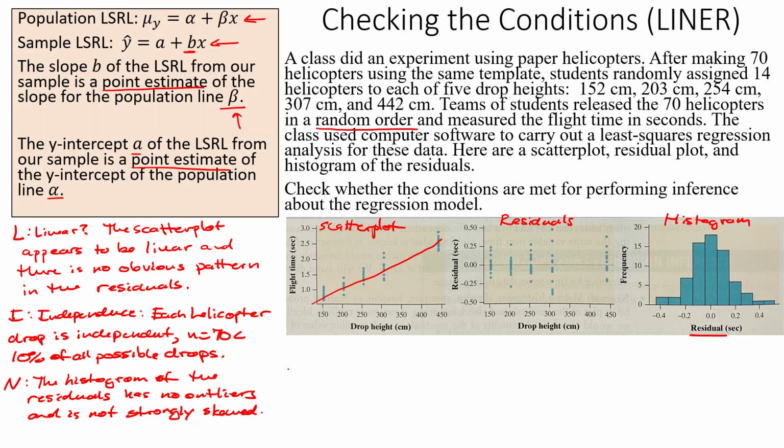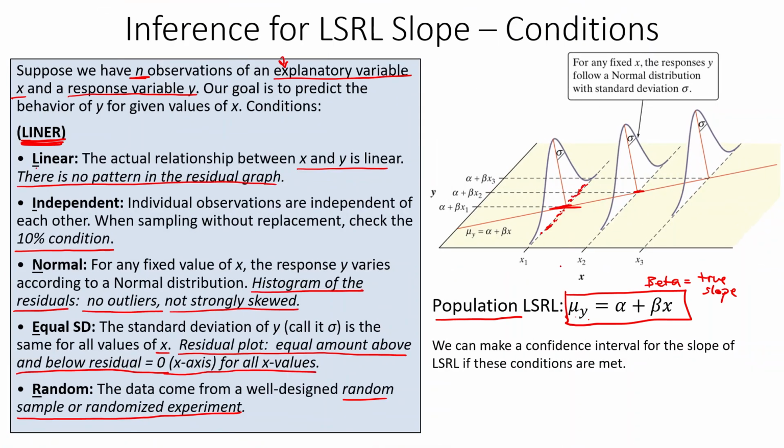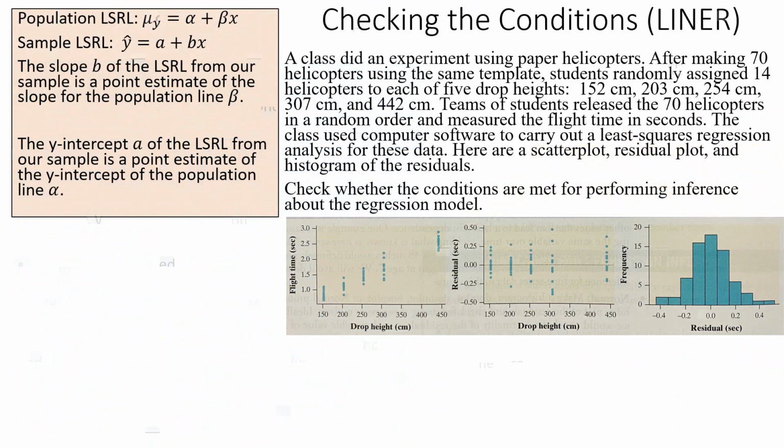All right, LINE. So that's the equal standard deviation. Let me go back. It's the residuals. We're looking for equal amounts above and below. Residual plot, equal amounts above and below the x-axis for each x value.